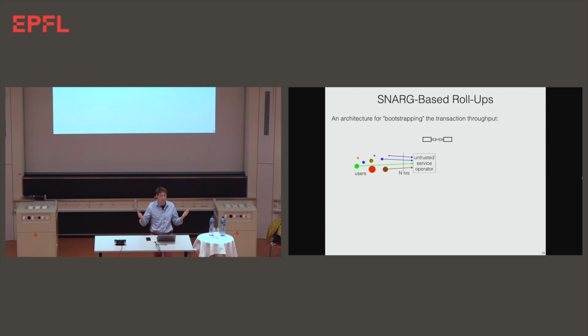Think of 1,000, 10,000, 100,000 transactions, put them all together, form a huge computation, produce a SNARK that reflects the state transition of all of those transactions applied together, and then propose a transaction that reflects the transition of all of these transactions together. So you have the old application state and the new application state. They don't differ by one transaction, but by many, many transactions proposed over a window of, say, maybe 10 minutes or something, right?